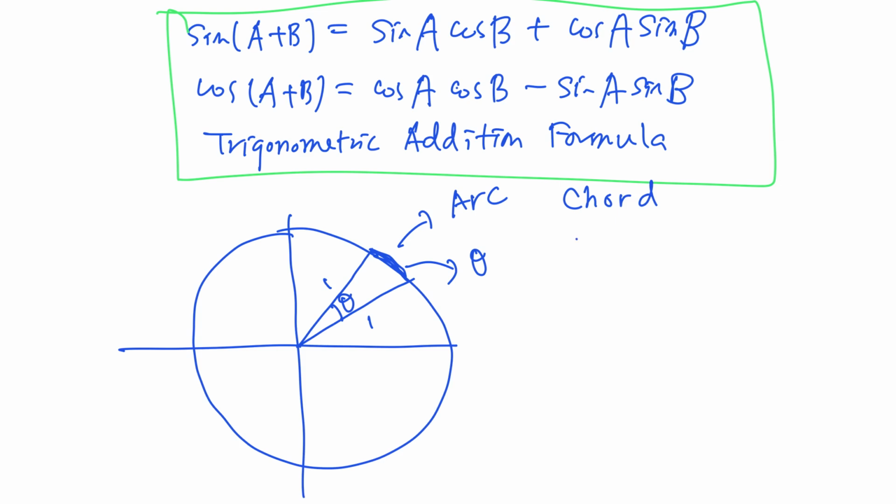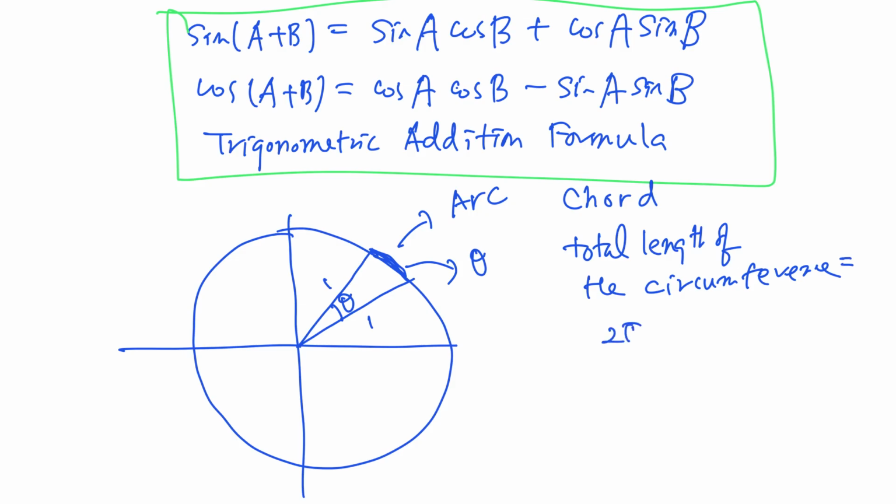So the total length of the circumference is 2 pi r, right? When the radius is r, the total length of the circumference is 2 pi r. In this case the radius is 1, so it's actually 2 pi.